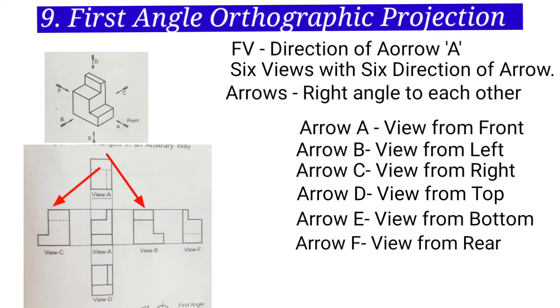The view from the direction D, that is, the top view, is placed underneath, that is, below the front view. It is customary to state the projection used on orthographic drawings to remove all doubts, or to use a distinguishing symbol which is shown on the arrangement.